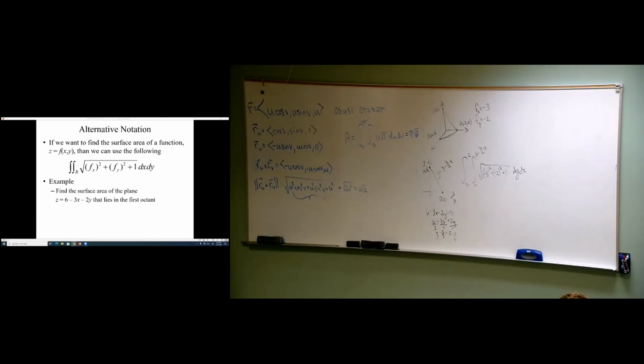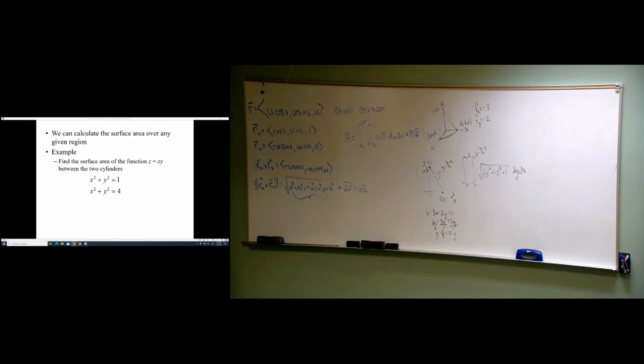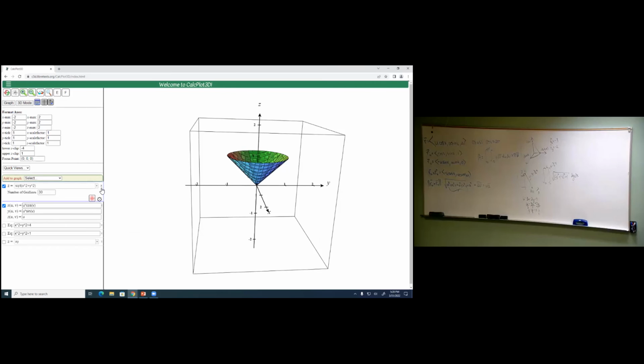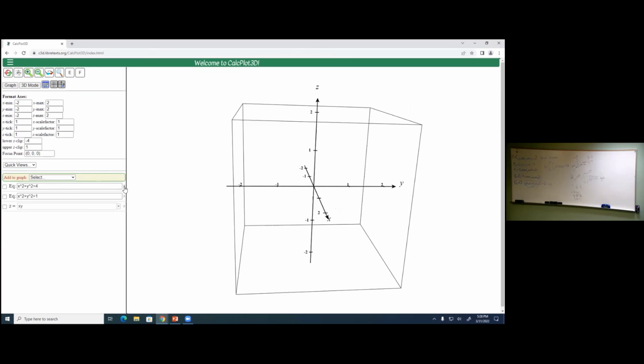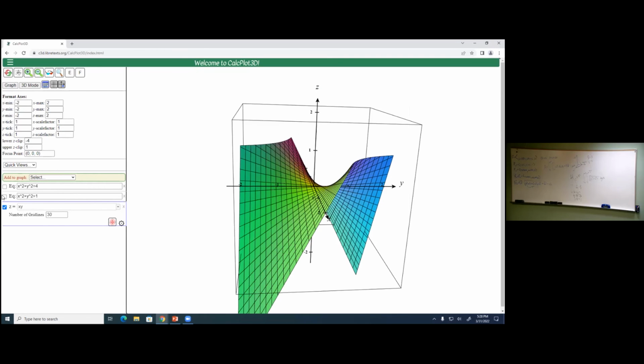All right, one last example. Find the surface area of the function xy between two cylinders. And what does this look like? Let's get rid of this and this, and put in, okay, there's the surface xy.